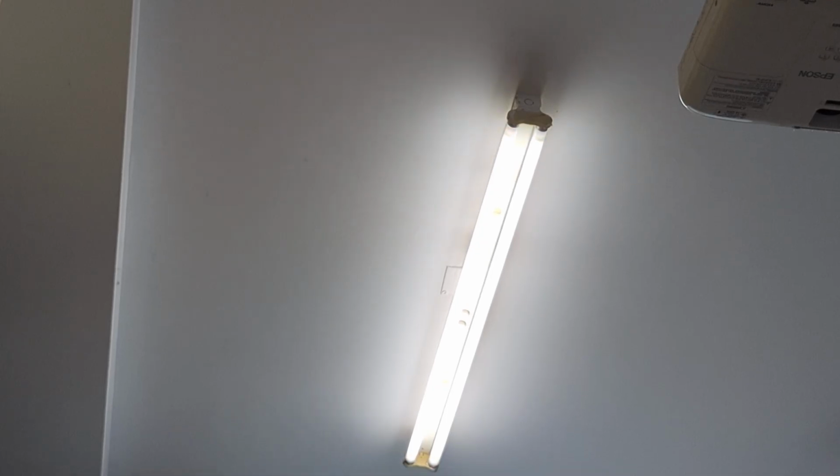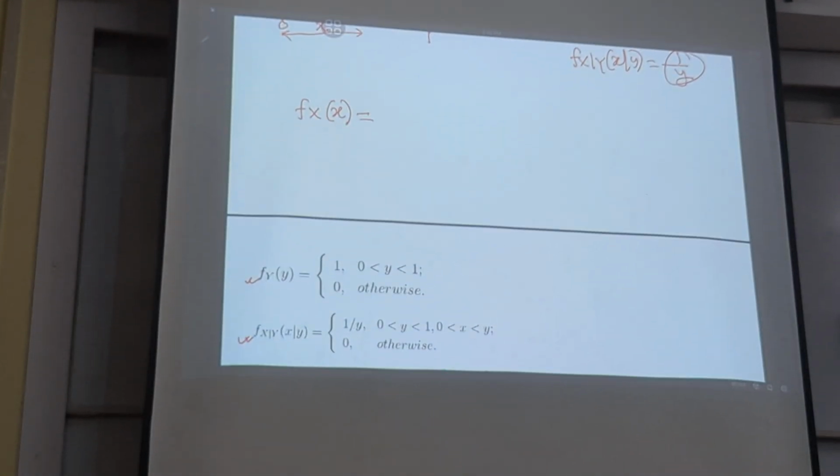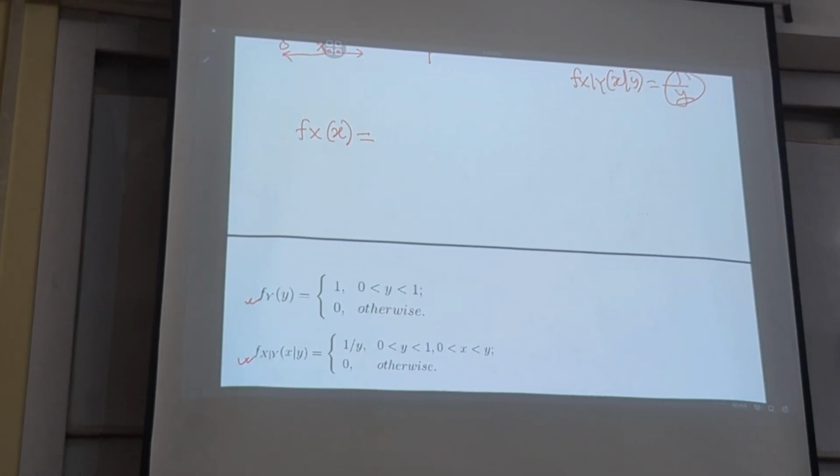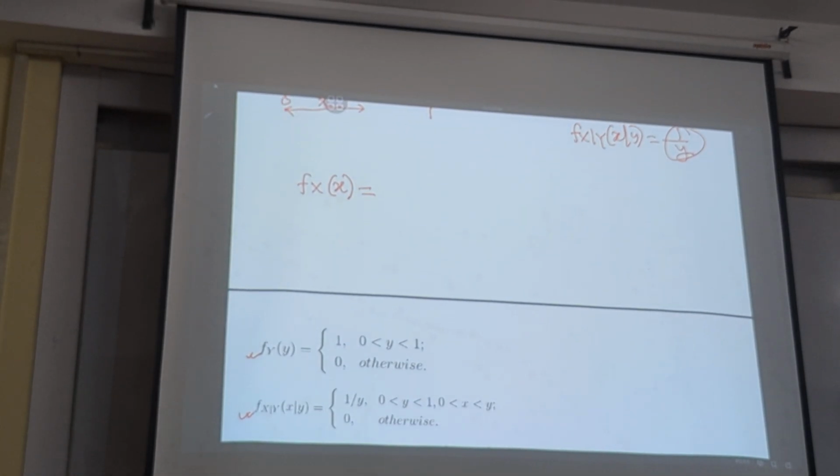Can I calculate the marginal PDF of x? Joint PDF is the multiplication. Marginal PDF, always try to remember in terms of the matrix. The marginal PDF is the sum of the rows or sum of the columns. Here it will be integration with respect to y.